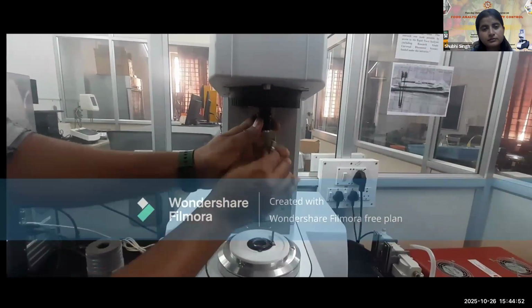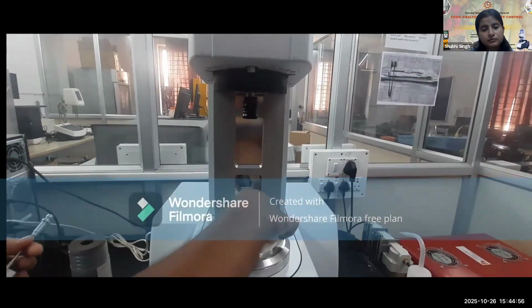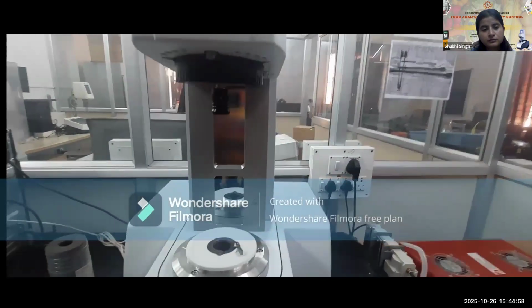The spindle or the probe is being removed and the starch cell is also being removed.